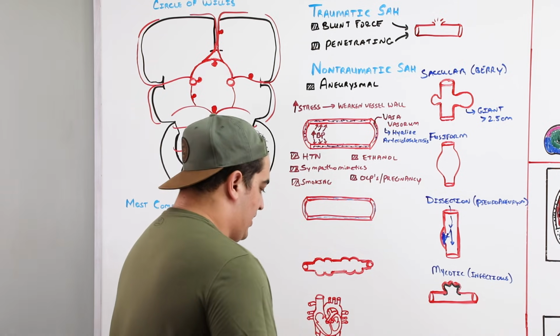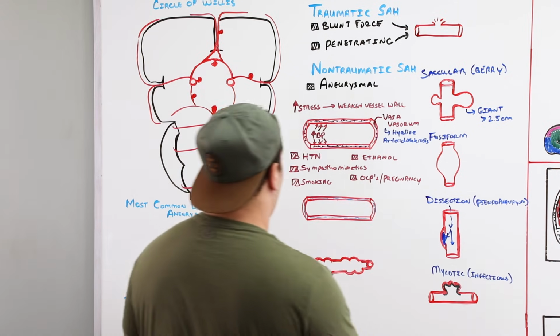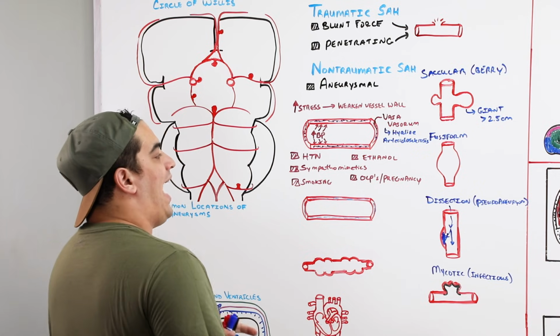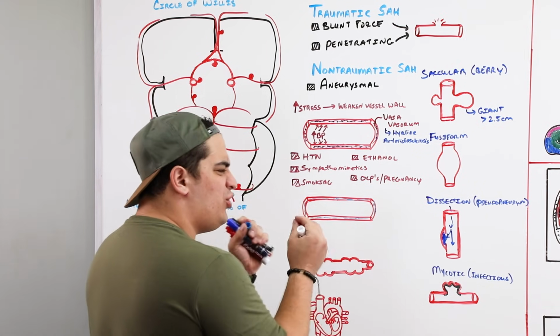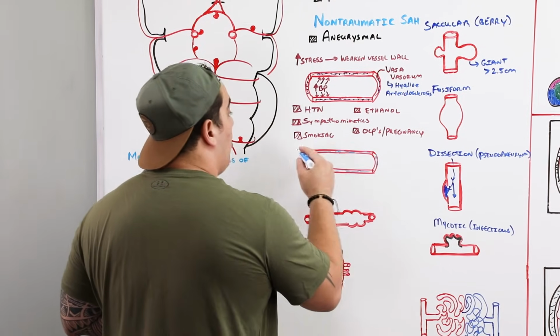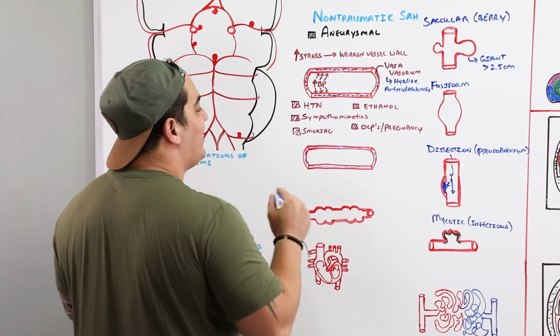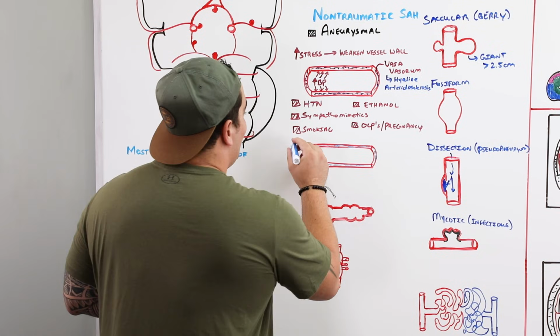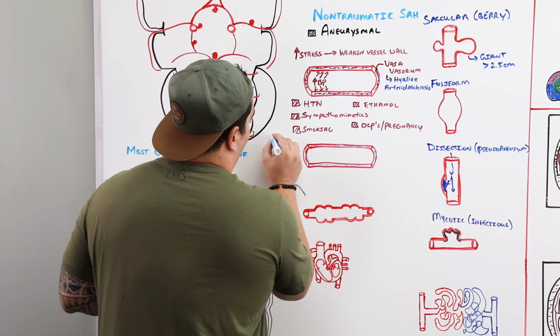The next causes that I want you guys to be thinking about are usually genetic causes. There is a weakness in the vessel wall because of a connective tissue defect.